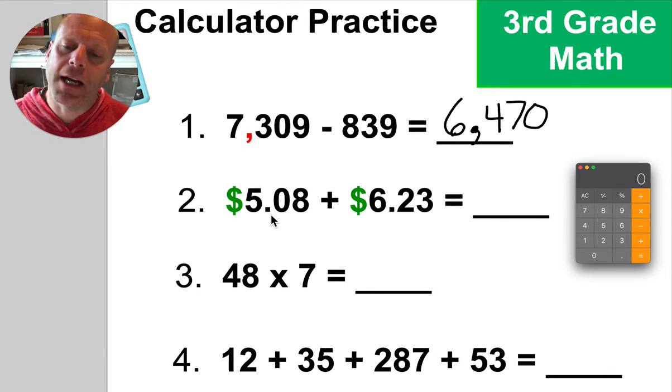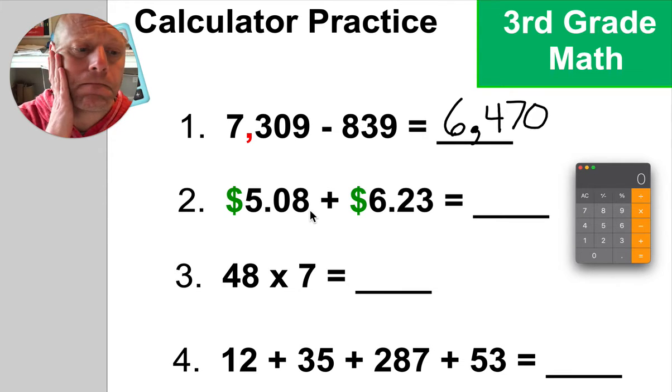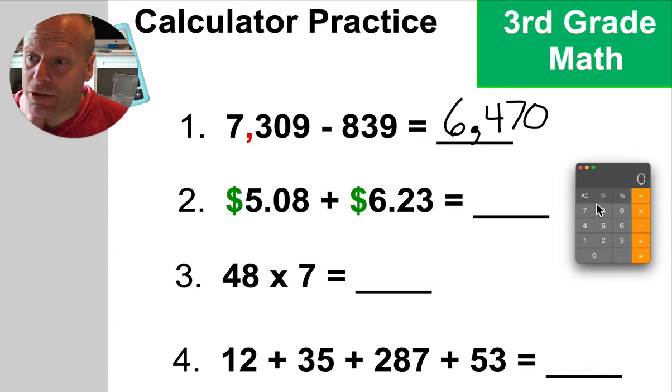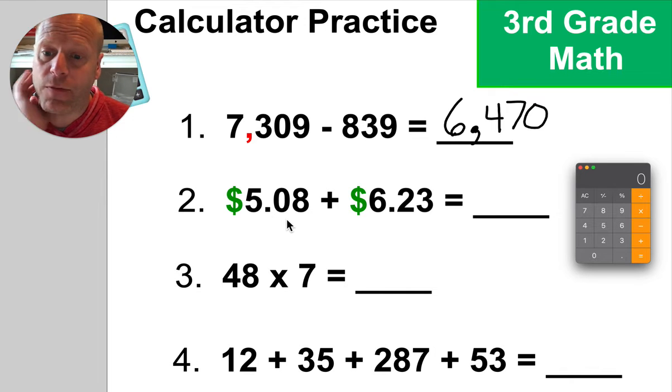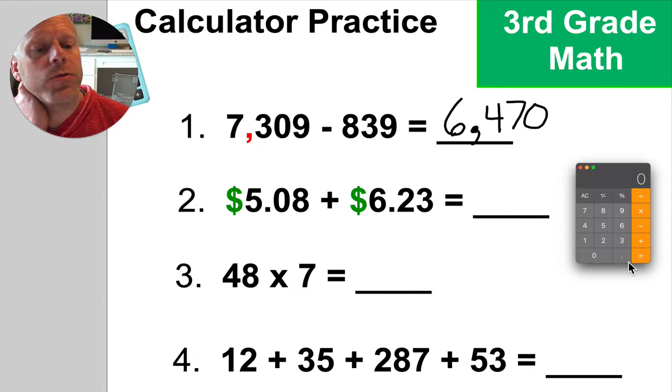So these amounts here are both given in dollars and cents. You're not going to find the dollar sign on a calculator, but you will find the decimal point. So it can separate dollars and cents for you. So when you're entering this in, don't forget the decimal point, which is right down here.